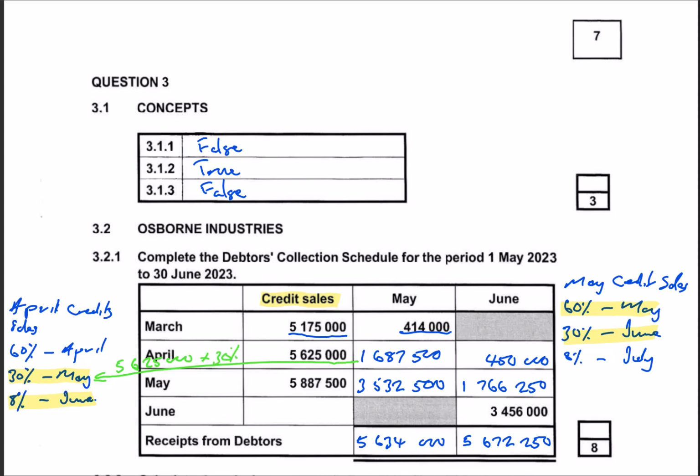Then the other one, we said 5,625,000 times 8%.